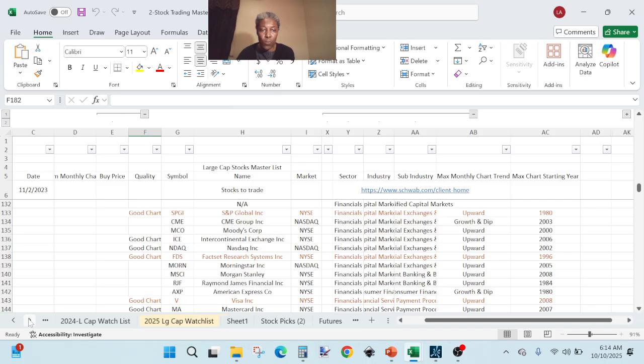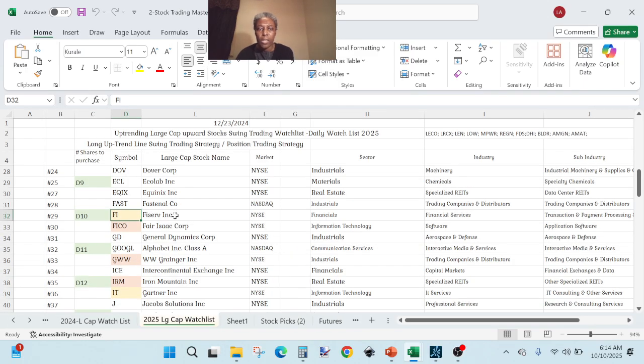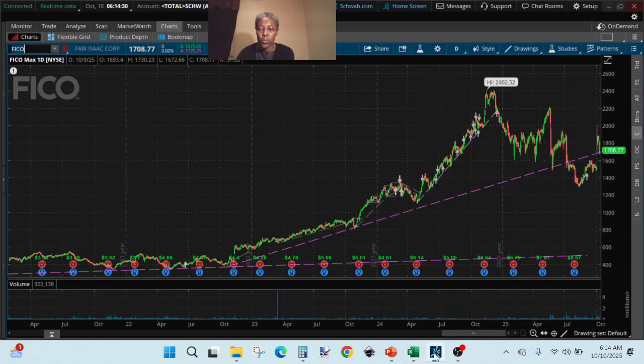Do you see that FICO, for instance, at some point it could be in the 1,000, and at some point it could be in the 2,000. So that is the reason why I don't really use price as an indicator here. You can create your watch list, and at that exact time that you pull those stocks, you can use the price to guide you to narrow down your pool to a short number of stocks that you would like to analyze.